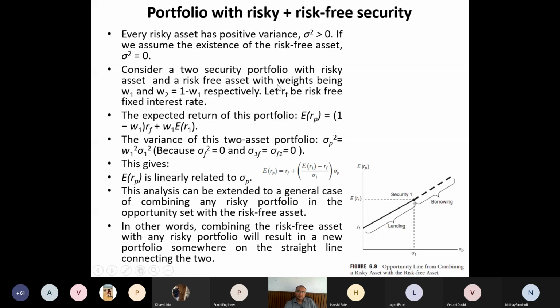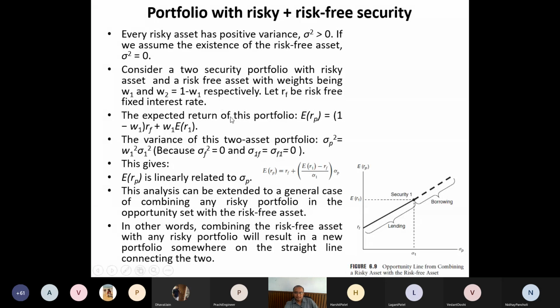And now we know the risk associated with the risky asset. Let me say sigma 1. But what is the risk associated with the risk-free security? It is 0. So for the risky asset, sigma square is greater than 0, but the second security, with weight W2, has risk sigma square equal to 0 because there is no risk. There is a guarantee. I will get a 6.1% definite return. No risk at all.